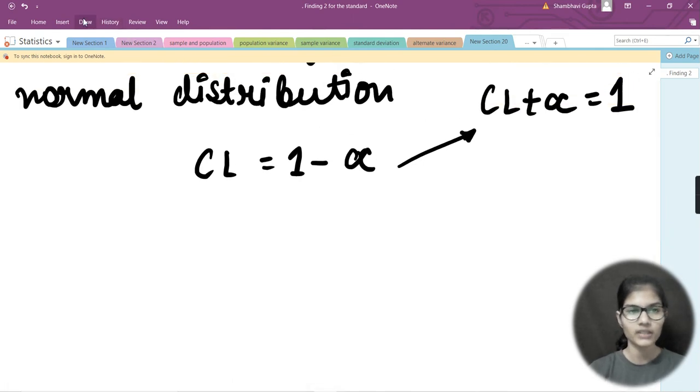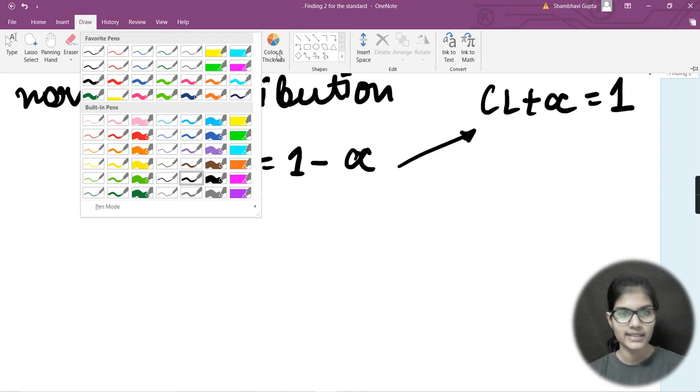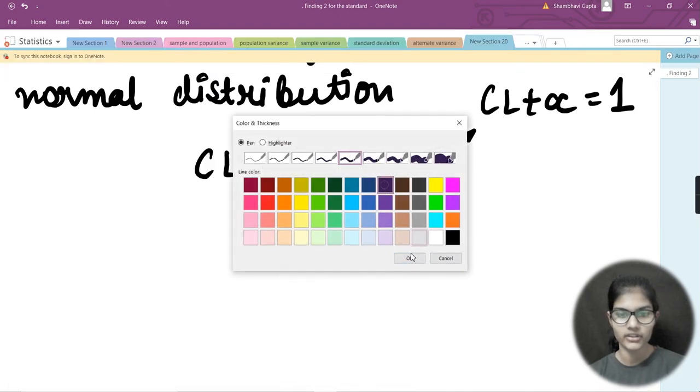Now, what alpha is. I would take a different color so that it differentiates a little.